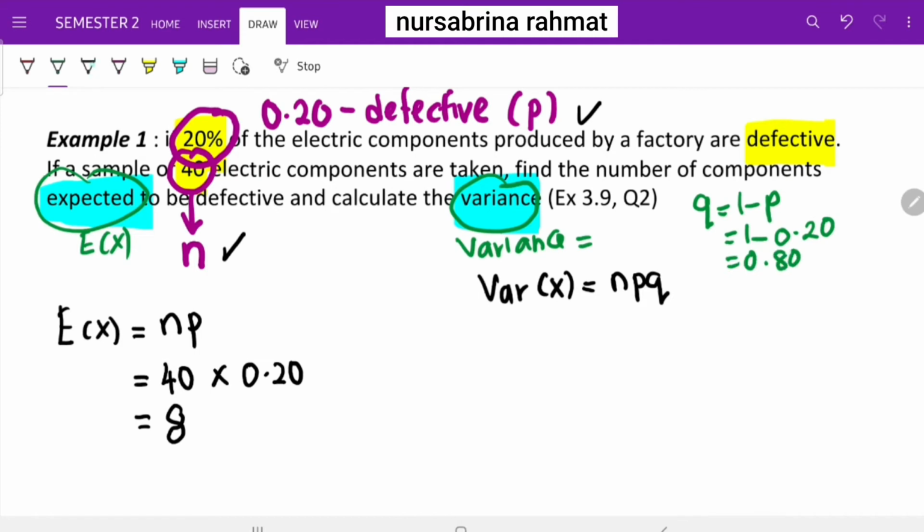Now let's substitute into the formula: n is 40, p is 0.20, and q is 0.80. So your variance turns out to be 6.4. Simple, isn't it?